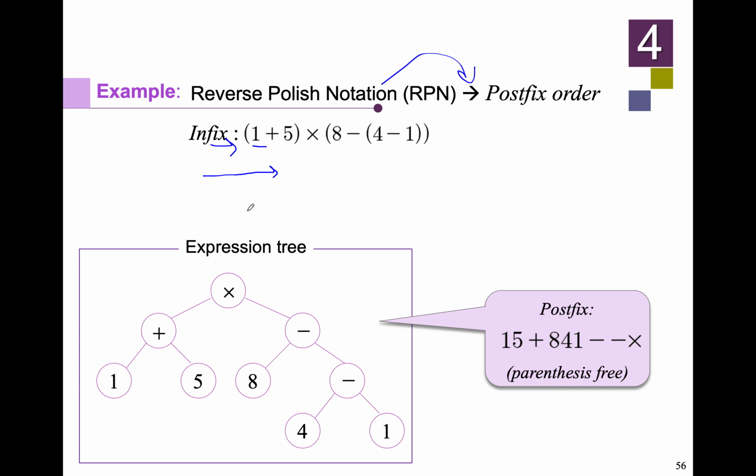Left, 1, and then you meet this one, your operation, you're going to store it into your stack. Until to the right, you have 5. This one already finished because you have this bracket.